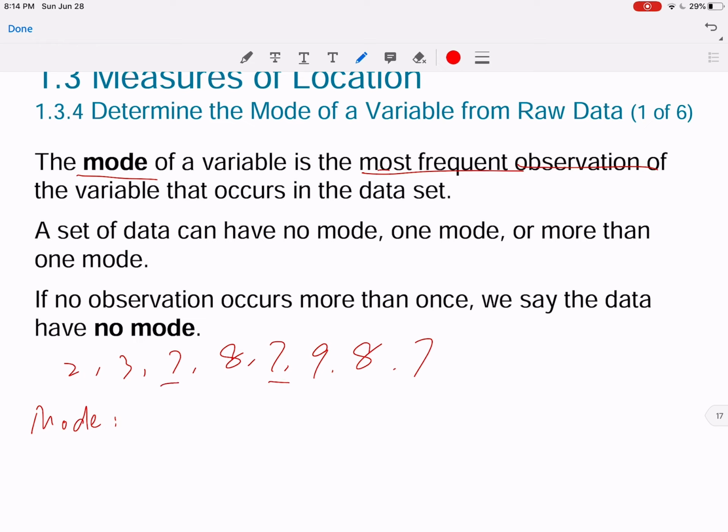Since we got three 7s over here, the mode is 7. Okay. Now what if I put 8 over here? If I add one more 8 to the data set, we're going to have three 7s and three 8s. So in this case, the mode would be 7 and 8 because both of them occur 3 times. I think that's quite straightforward.